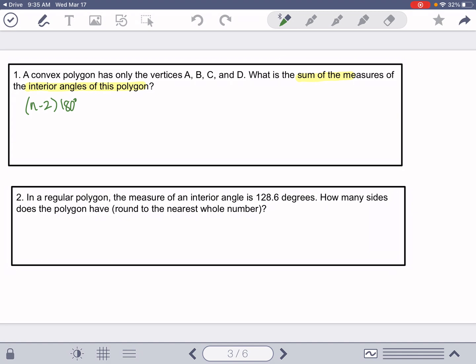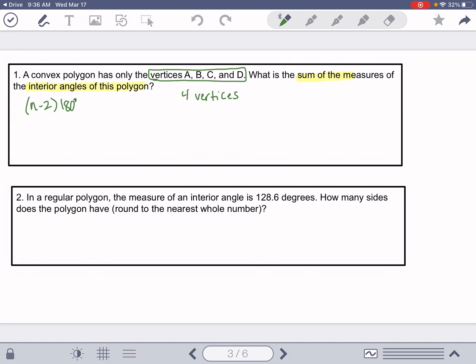Does the problem tell me how many vertices I have? Well, not exactly. It tells me that I have these vertices right here. So I have to know that that would be 1, 2, 3, 4 vertices. So I actually have to look at the problem and count how many according to what their names are.